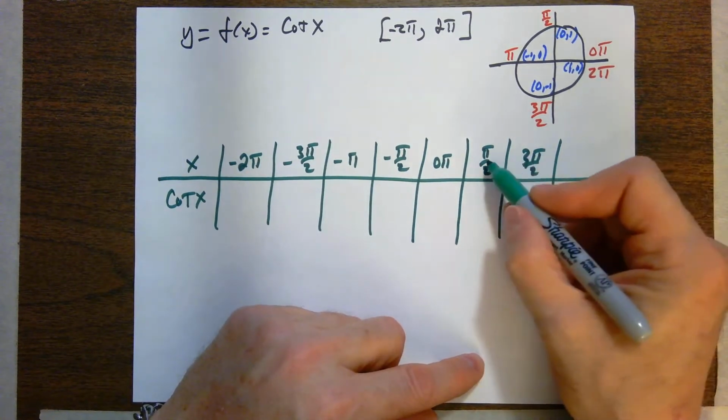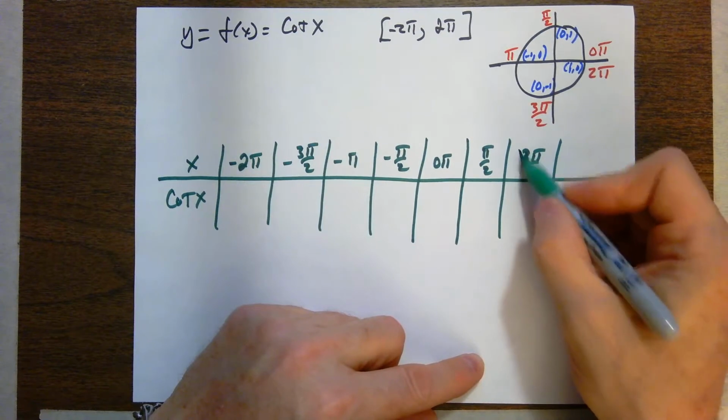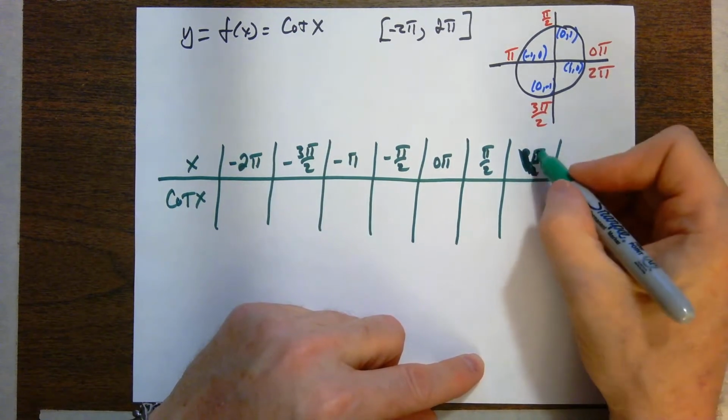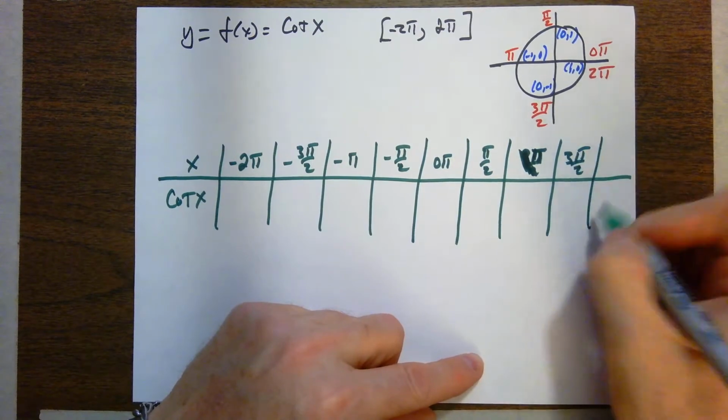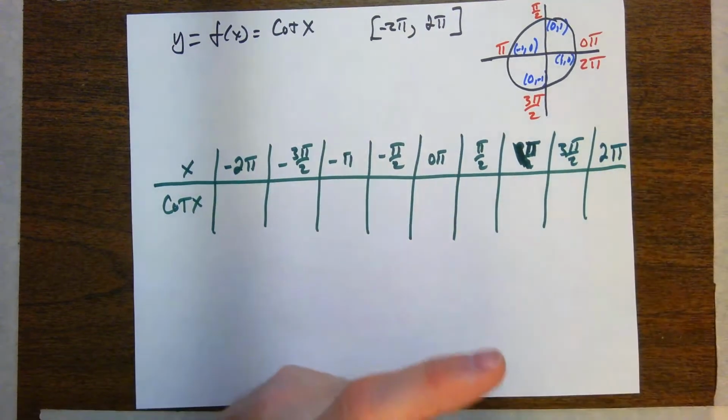Wait, I forgot one, didn't I? Pi over 2, that should just be pi. This is 3 pi over 2 and 2 pi.